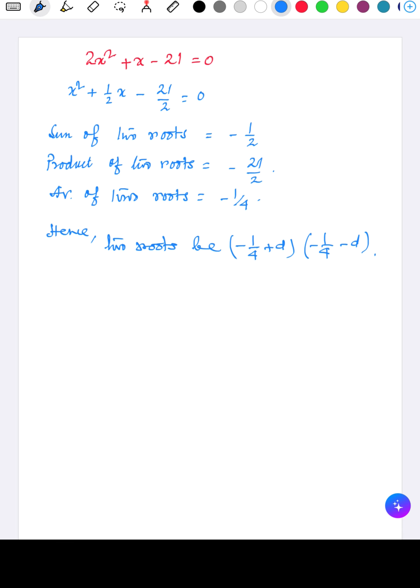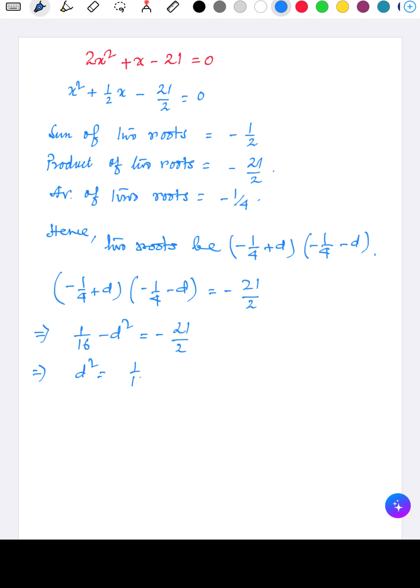As the product of two roots is minus 21 by 2, so minus 1 by 4 plus d into minus 1 by 4 minus d equal to minus 21 by 2. Hence this gives 1 by 16 minus d square equal to minus 21 by 2, and this gives d square equal to 1 by 16 plus 21 by 2 equal to 169 by 16.